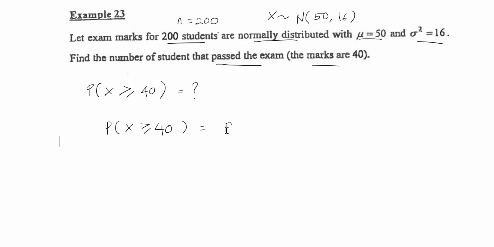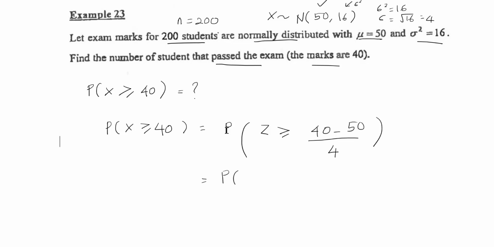That means we have Z equal to X minus mu, over the standard deviation. The variance is 16, so the standard deviation is the square root of 16, which is equal to 4. If we solve this, we get Z greater than or equal to negative 2.5.